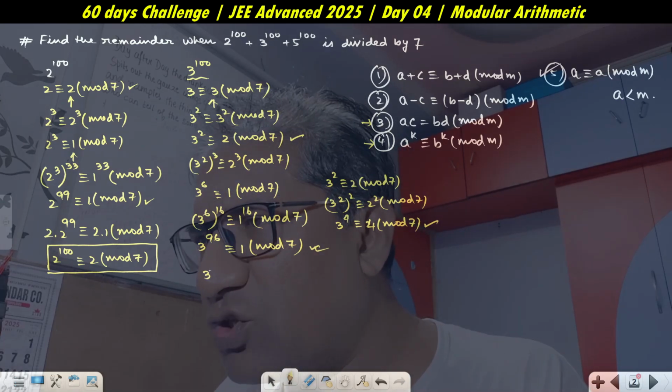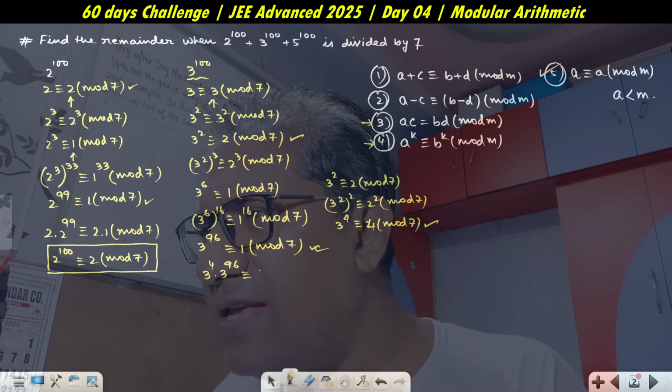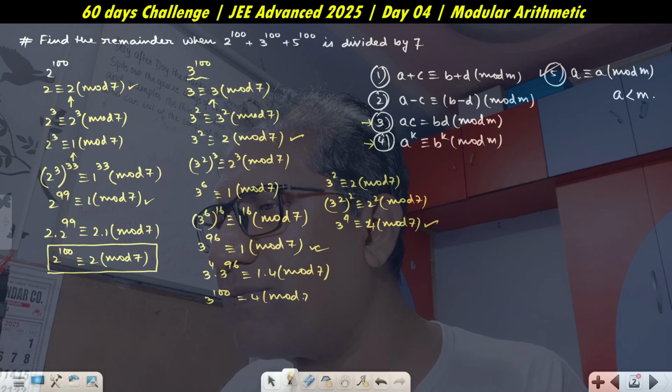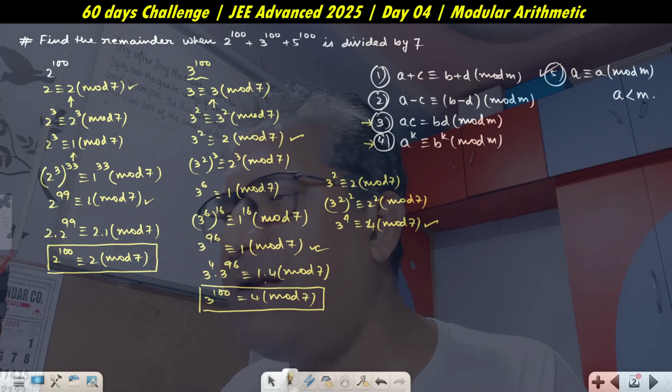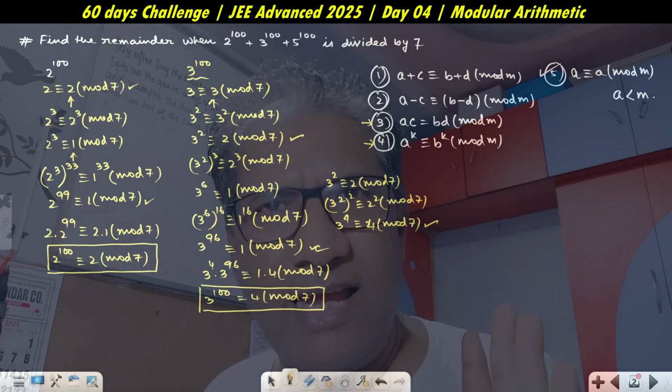So we are having 3 to the power 4 into 3 to the power 96 is 1 into 4 modulo 7. That's it. So 3 to the power 100 is coming to 4 modulo 7. That is, when 3 to the power 100 is divided by 7, the remainder is 4. Is it clear to all?